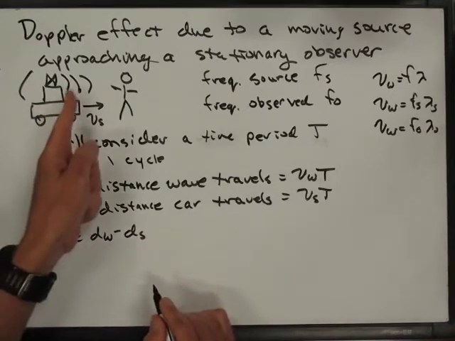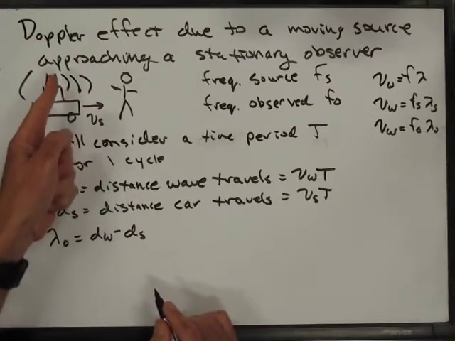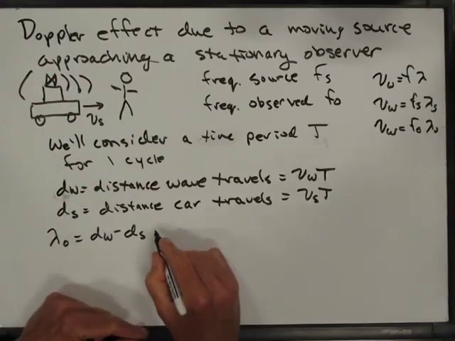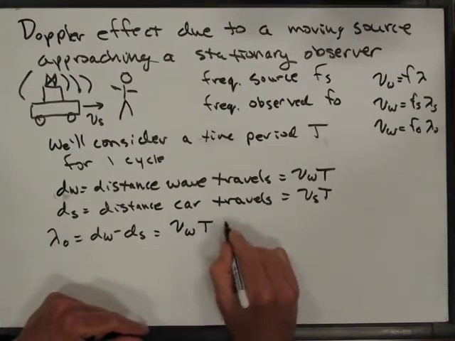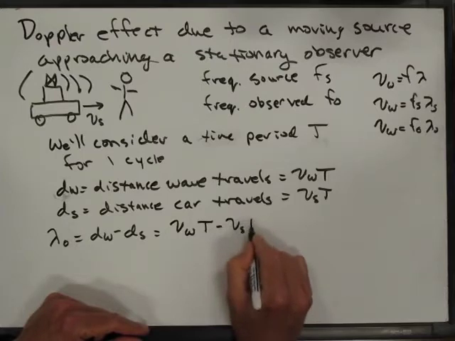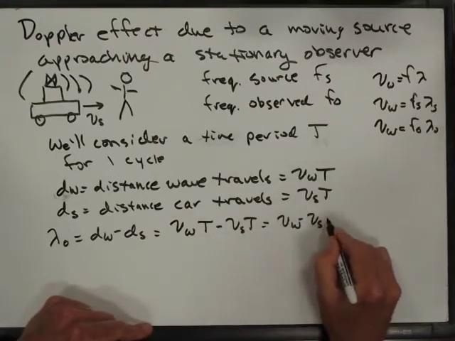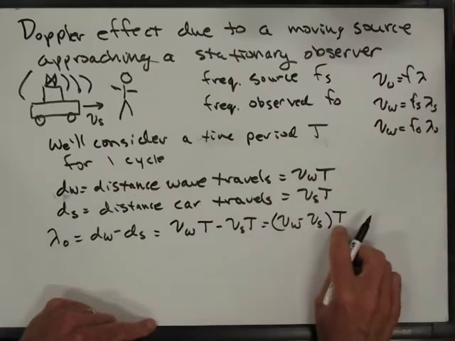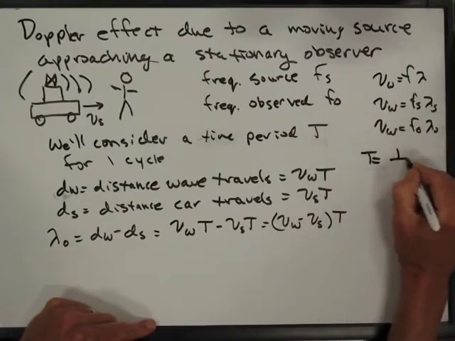In other words, how far the wave has gotten out here minus how far the car has gone before it's emitting the next wave, right? And so what is that? That's the velocity of the wave times the period minus the velocity of the source times the period, which is equal to the velocity of the wave minus the velocity of the source times the period, right? Well, the period is related to the frequency of the source by this.